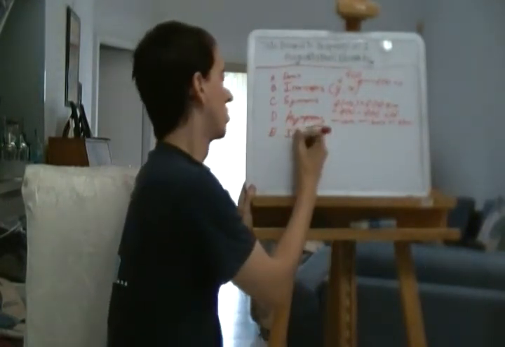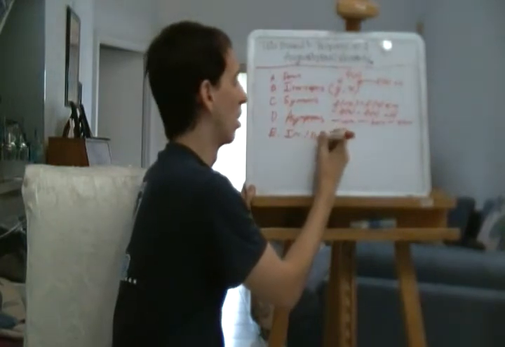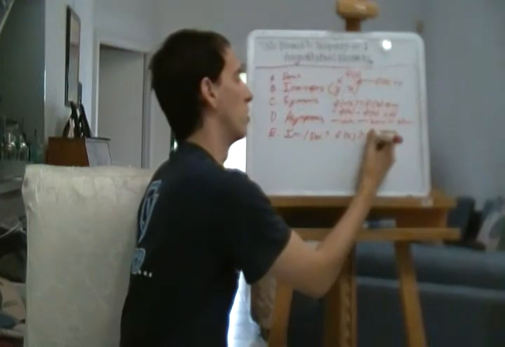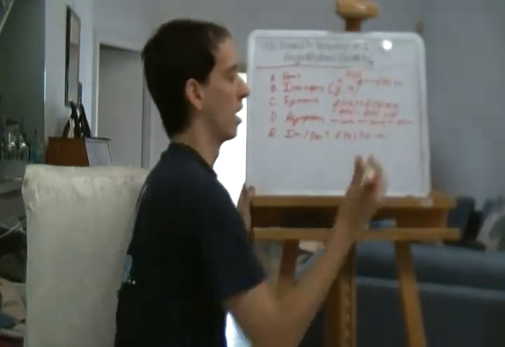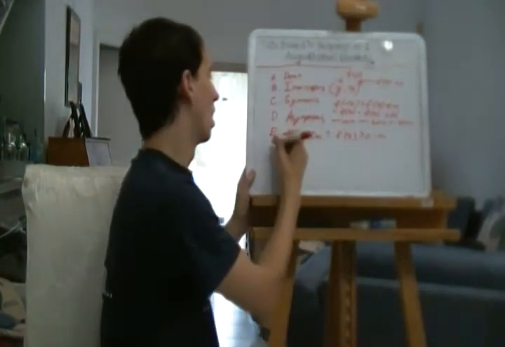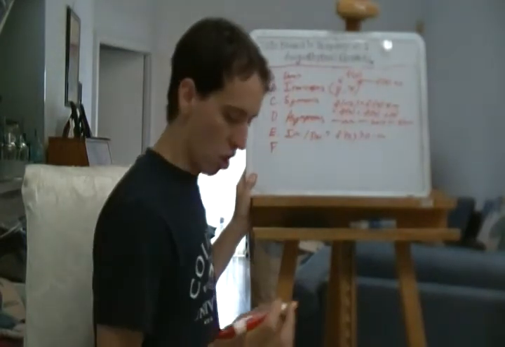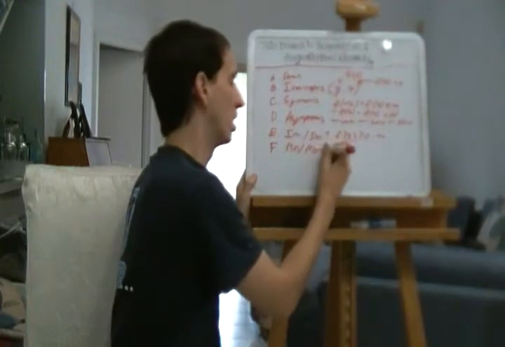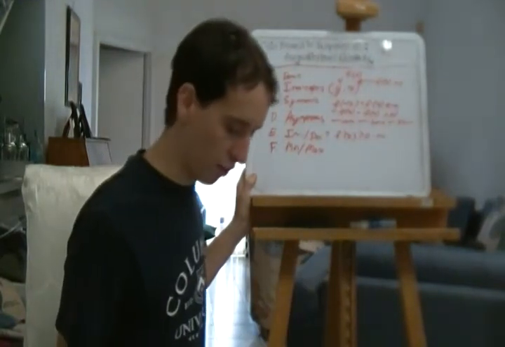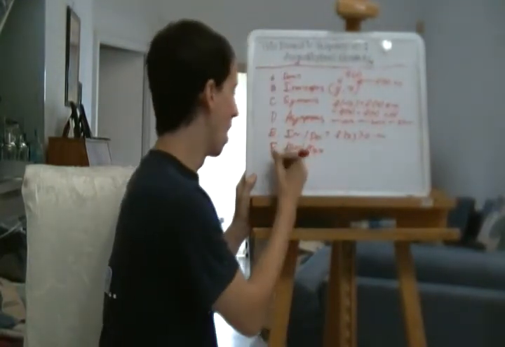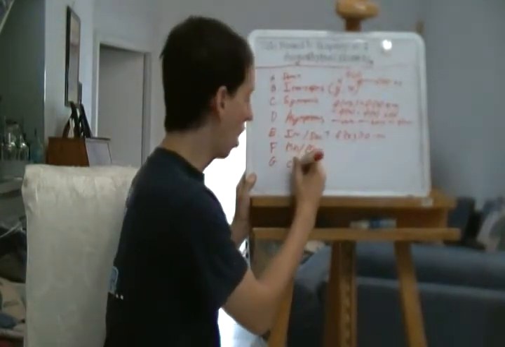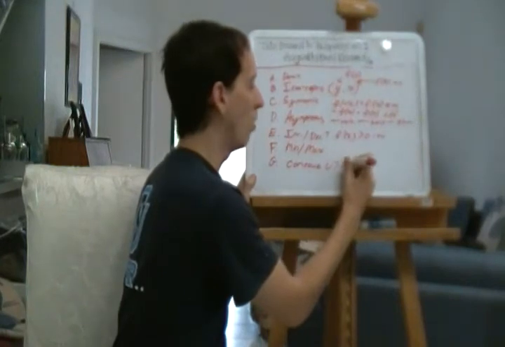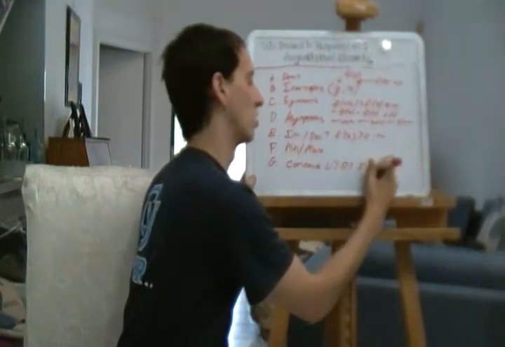Then we have increase or decrease. We know that when f prime of x is greater than 0, it's increasing. If it's less than 0, it's decreasing. We want to find those intervals. We want to find min and max. We can do this using the first or second derivative test. We want to find concave up or down and inflection points.